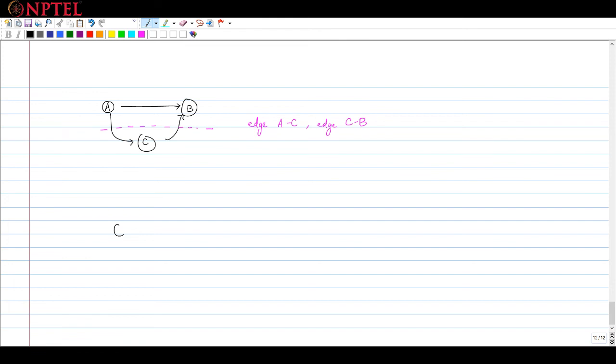Now A and B need to be on one side of my cut, C is on the other side. I have basically applied a cut set over here. What were the edges that went across the cut? One from A to C, the other one from C to B. Okay, the 2 cuts are in opposite directions.